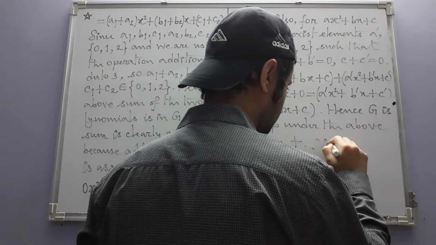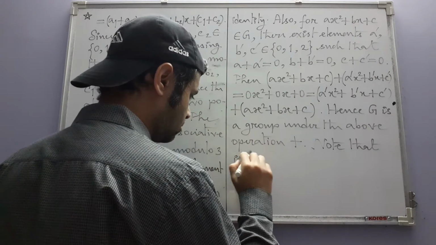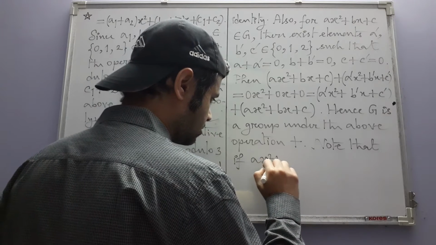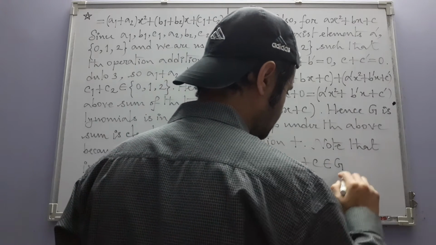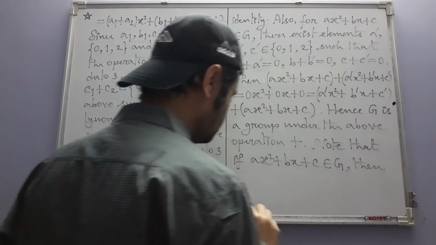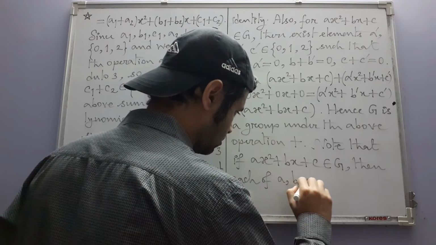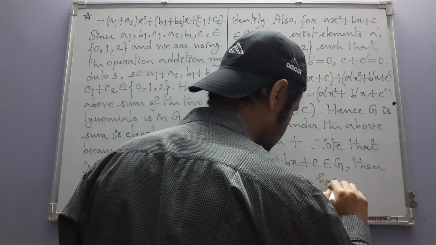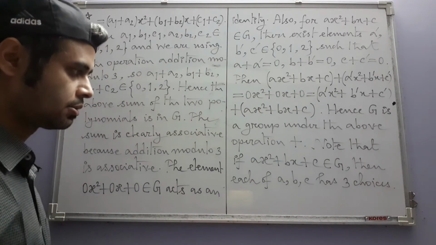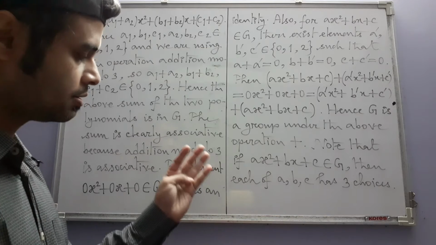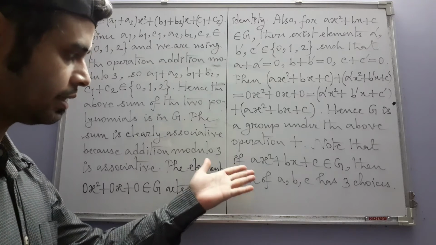Note that if ax square plus bx plus c belongs to G, then each of these coefficients has three choices, that is each one, say A, it can either be 0 or 1 or 2 simultaneously and independent of A taking some particular value.